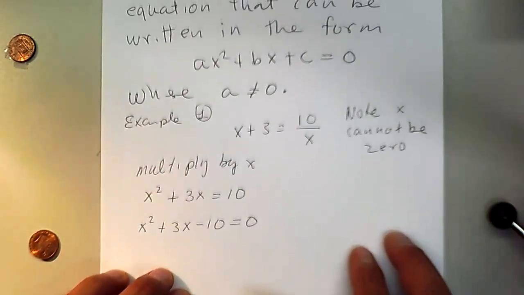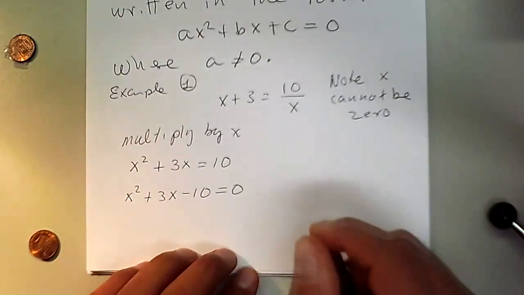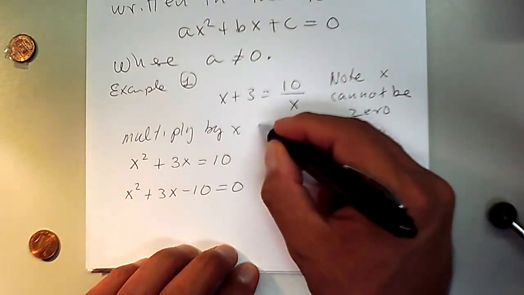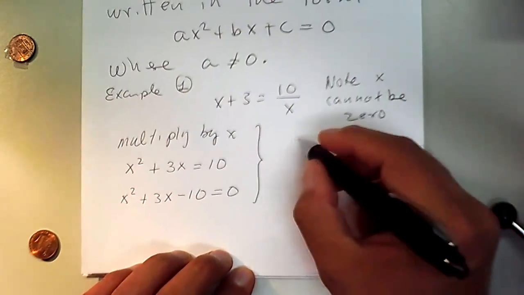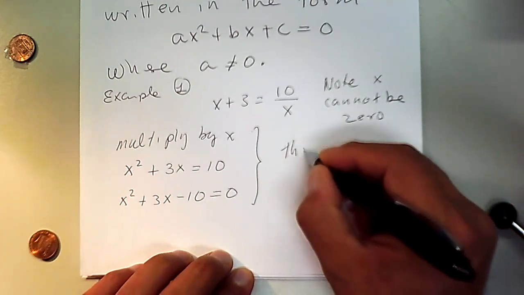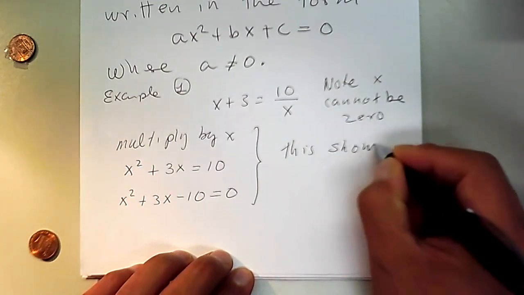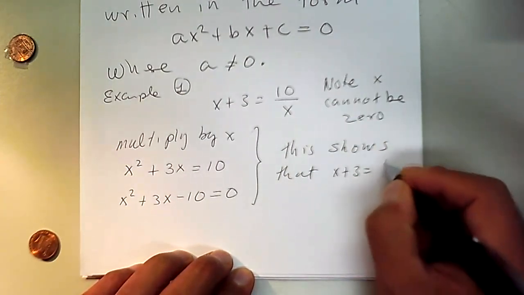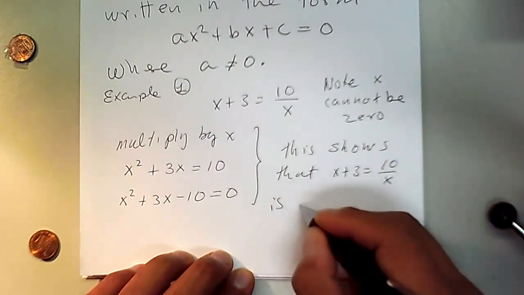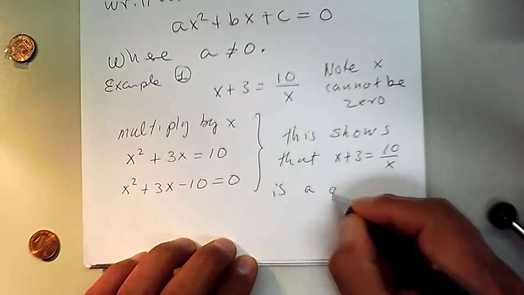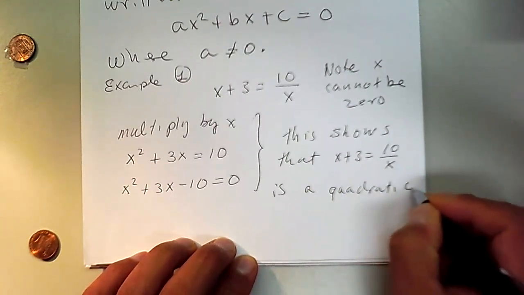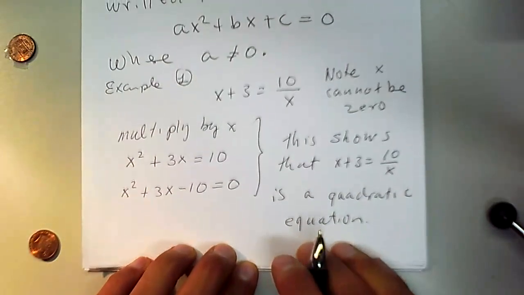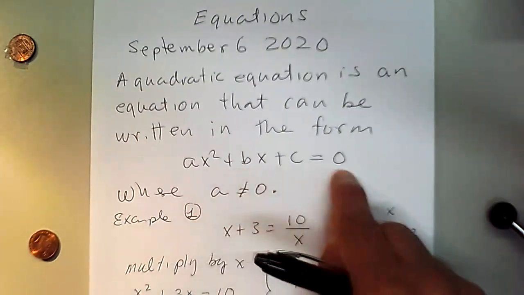So watch out. Let me write a conclusion thus far. We can put a bracket here and say, this shows that x plus 3 equals 10 over x is a quadratic equation because it can be written eventually in this form.